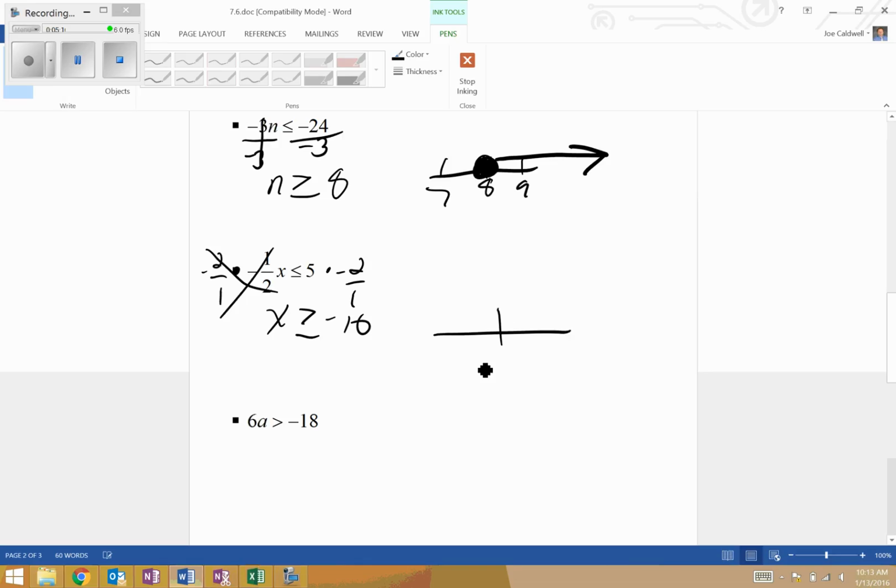So remember now it's negative 10, so we have negative 9, we have negative 11, right? Equal to indicates we're going to be filling it in, and if it's greater than, it's going to be that way. Notice greater than is always going to the right. No matter if it's negative, positive, greater than is always to the right.